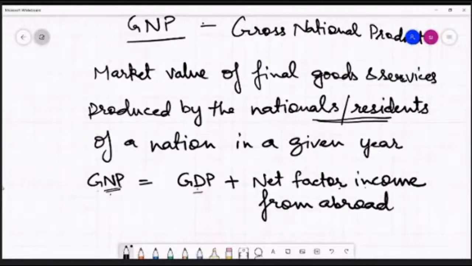Okay, but there are certain countries where the net income coming to the country from outside will be much larger. Like, for example, any Middle East country. So in case of Middle East countries, the income from people outside is larger as compared to their domestic production. Okay, so that's how you can see the difference between GDP and GNP.